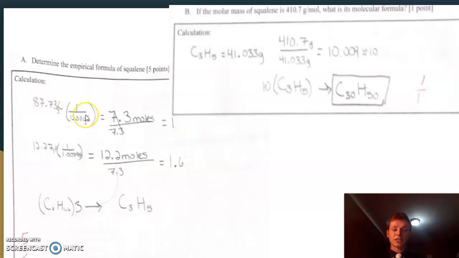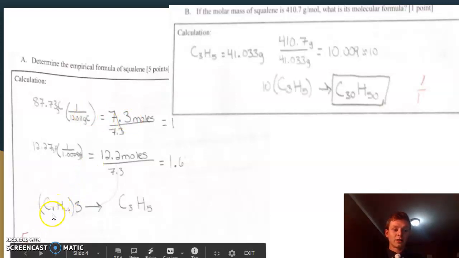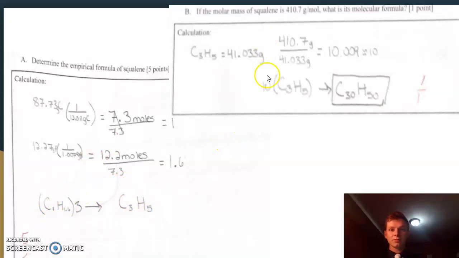You can see it's just a typical mass to mole conversion. You find the number of moles, you then multiply the formula to get an actual empirical formula. You then know that the molar mass is 410.7 grams per mole, and it asks you what's the molecular formula. So you then have to do your math and find it.